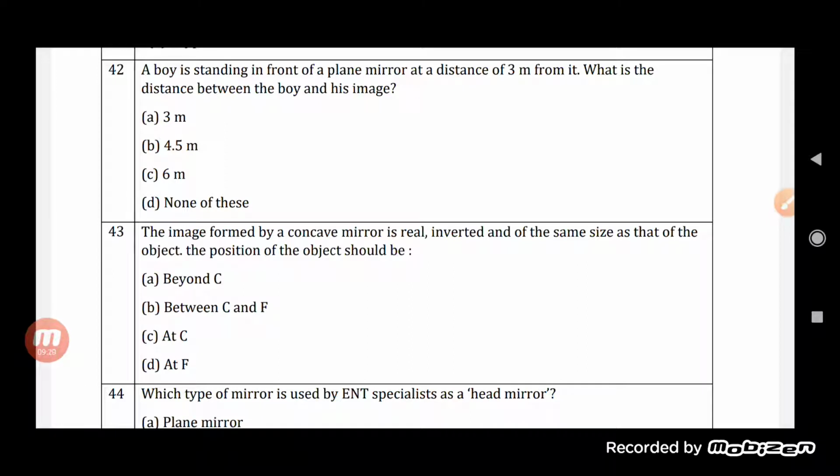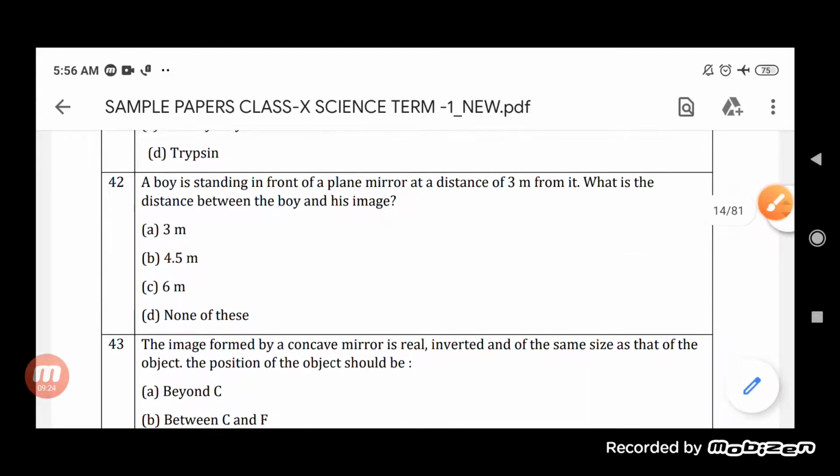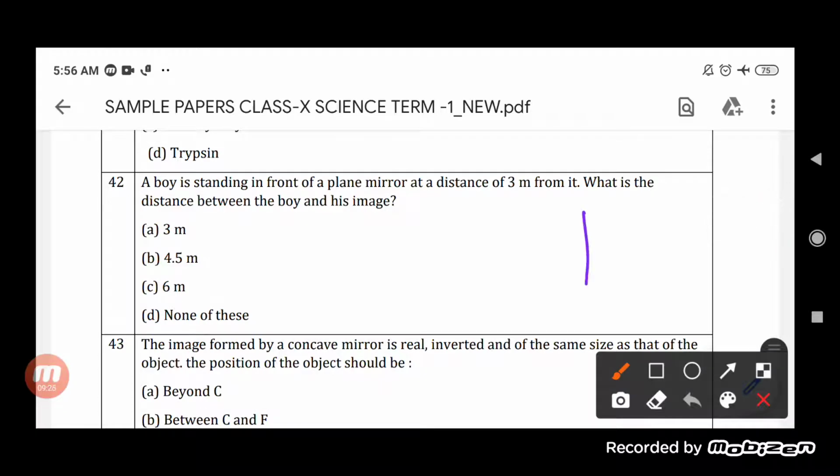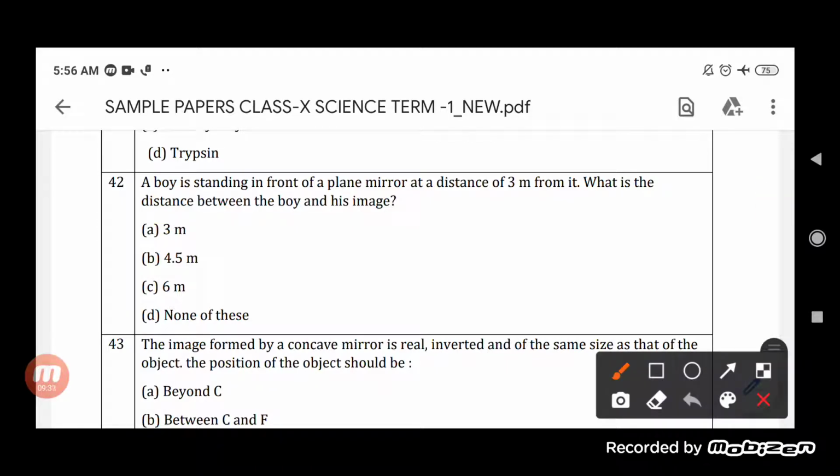Now see here student, try to understand this. This is a plane mirror. This is the plane mirror and the boy is standing here.